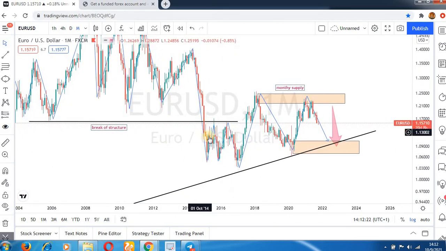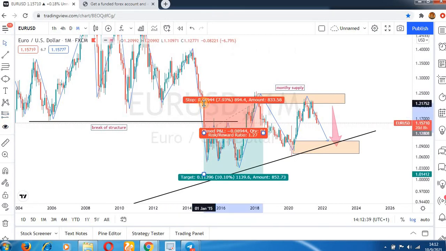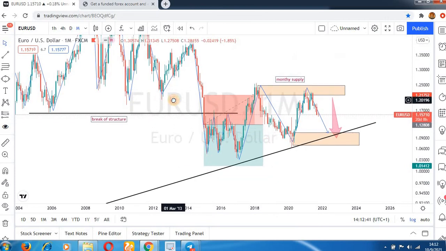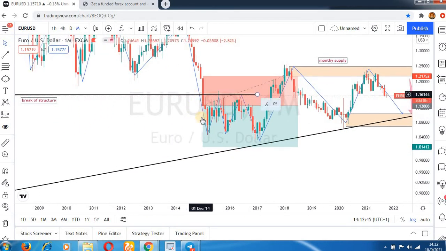Now the retailers kick in. The first set of people are the ones that look for a sell at the break of structure. That's the aggressive one.